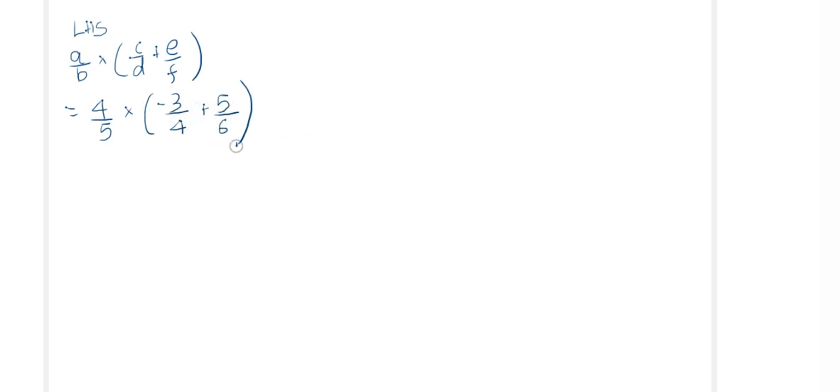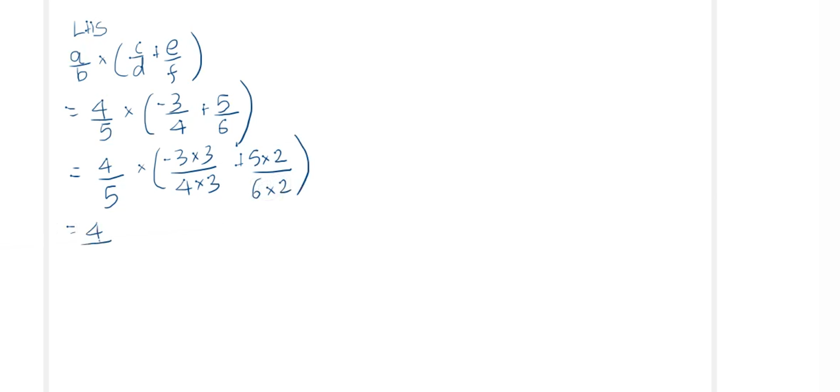Our LHS is nothing but a by b into (c by d plus e by f), right? So the a by b which I considered was 4 by 5 into (minus 3 by 4 plus 5 by 6). Okay, so the LCM of 4 and 6 is 12. So this would be minus 3 into 3 by 4 into 3 and 5 into 2 by 6 into 2.